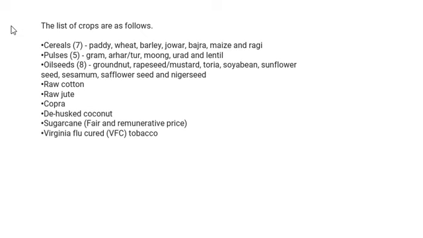And pulses: gram, tuvar, moong, urad and lentil. Oilseeds: groundnut, rapeseed, mustard, toria, soybean, sunflower, sesame, safflower seeds and niger seeds. Raw cotton, raw jute, copra are also considered. Okay, for sugarcane, we don't have MSP, we have a fair and remunerative price.